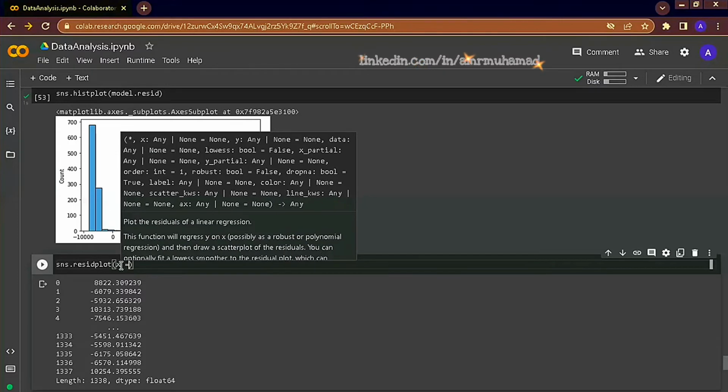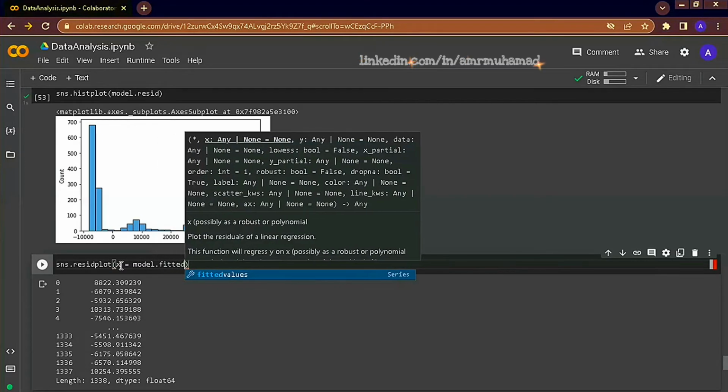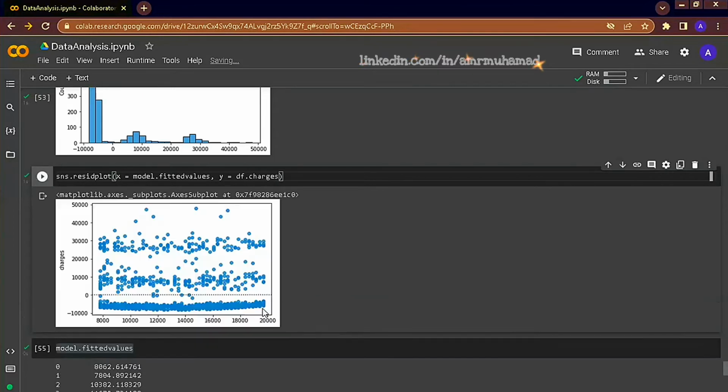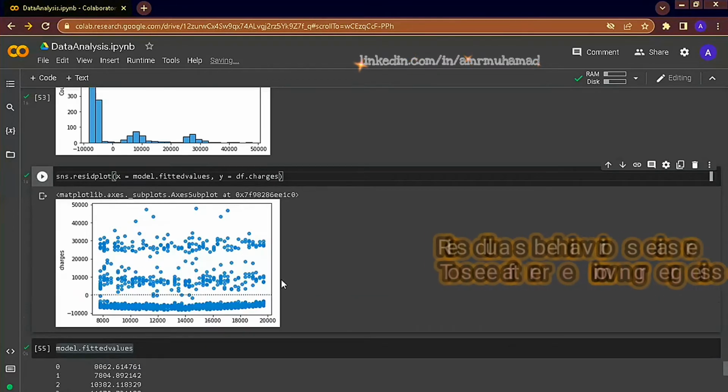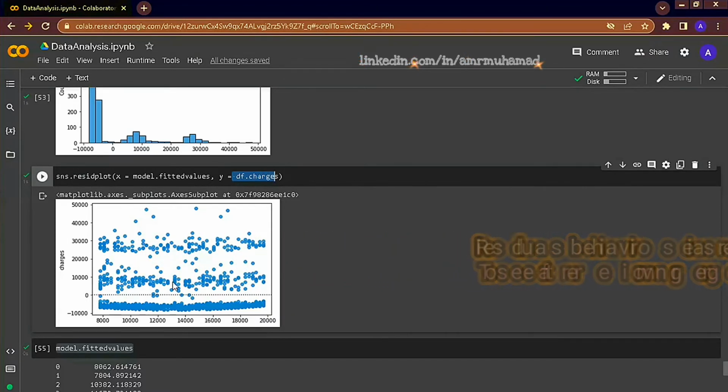So our x will be model.fittedvalues. Fitted values are the predictions. This is a residual plot. We use predictions from the model to estimate the charges and observe the distribution of data points across the line.